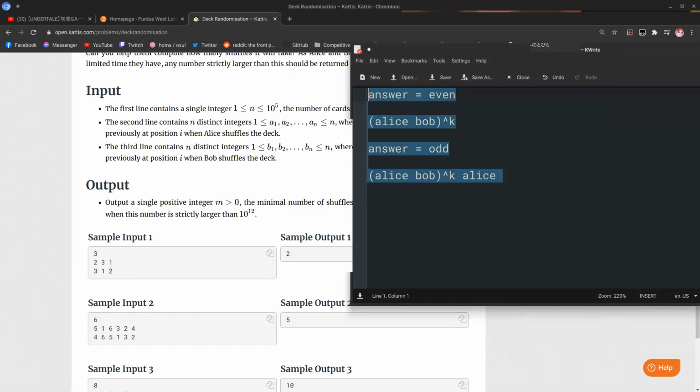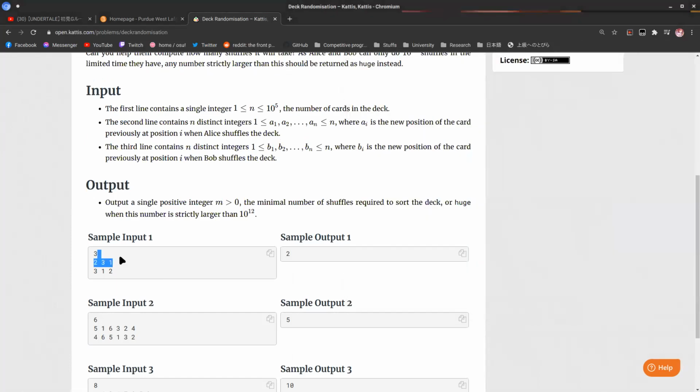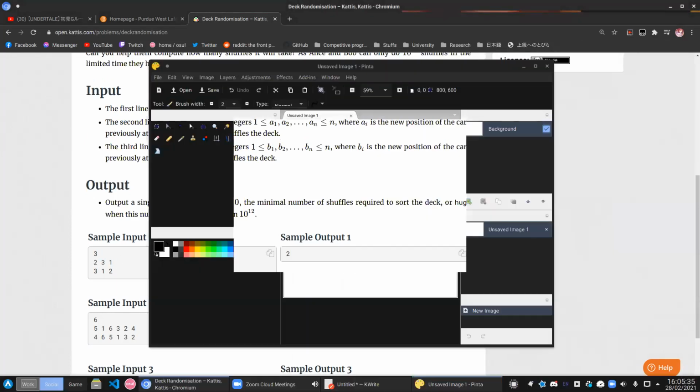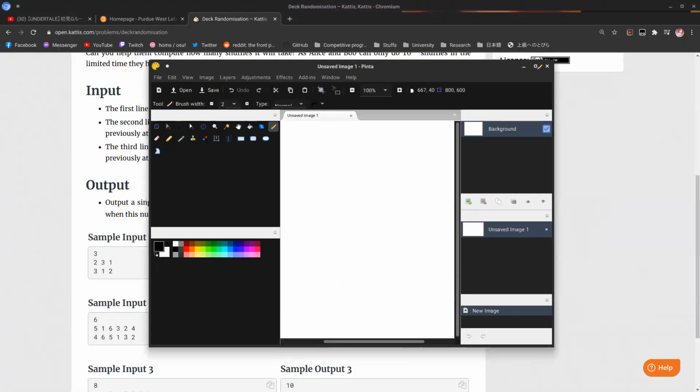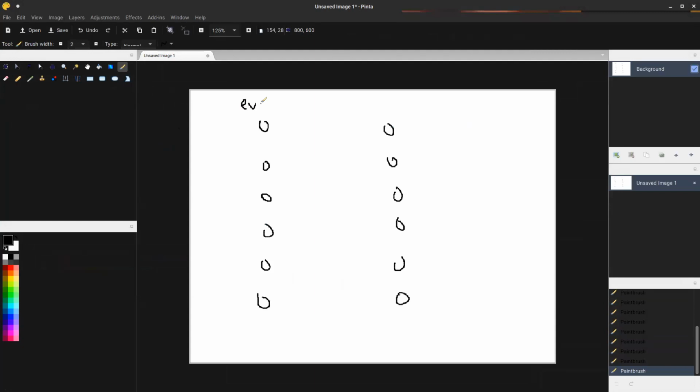So what I imagine of this permutation is to have two layers. The left layer representing the cards after an even number of swaps, and the right layer representing the cards after an odd number of swaps.